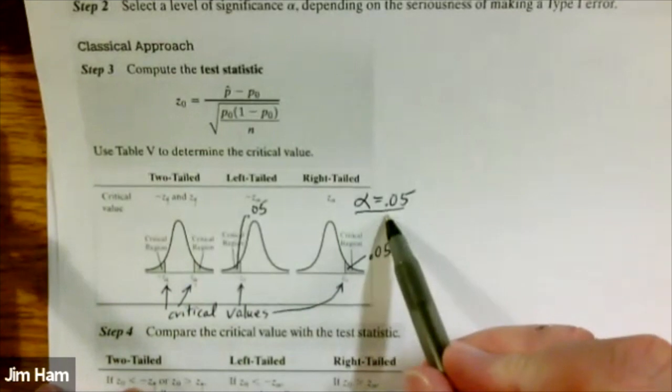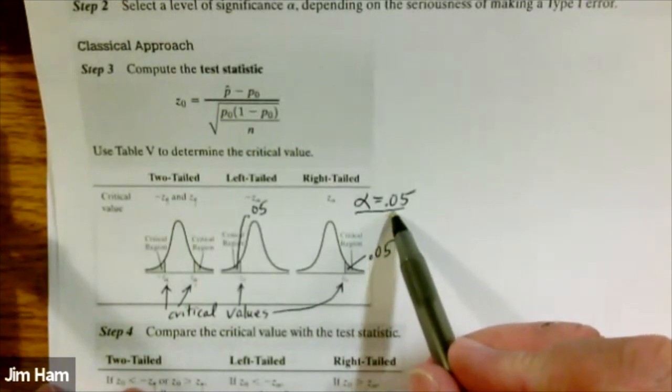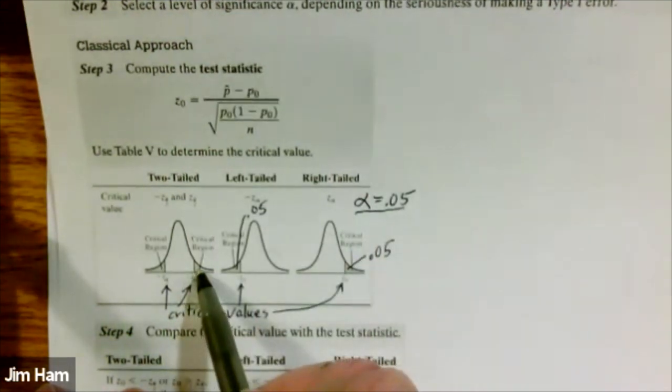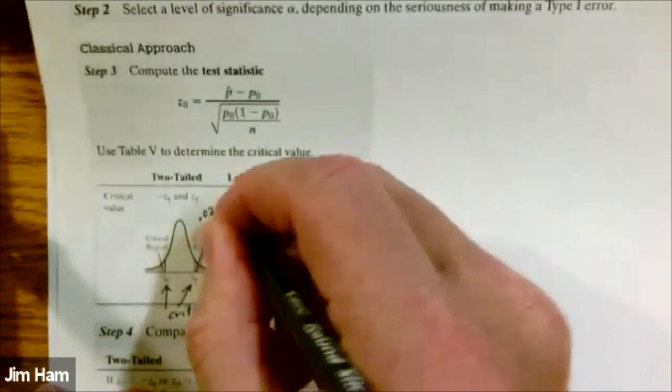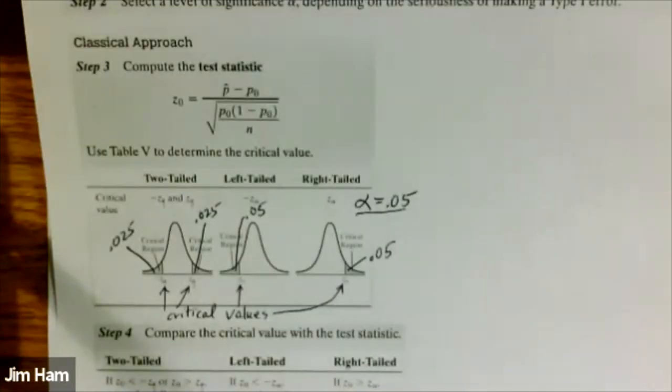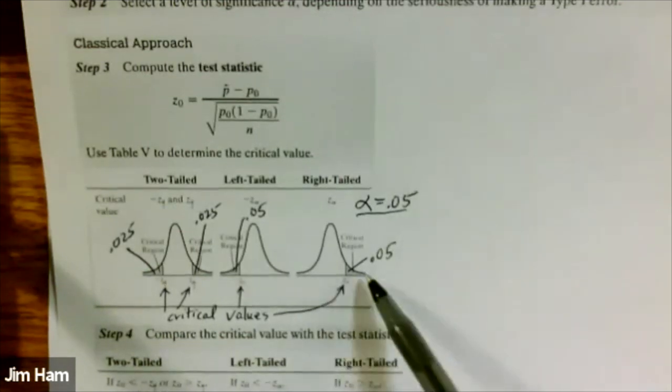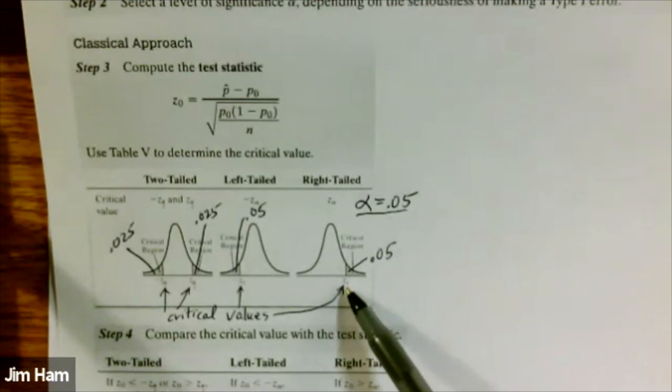If alpha is established to be 0.05 and you have a two-tailed test, then you want to split that 5%, that 0.05, and put half in one tail and half in the other tail. Alpha has to do with the most extreme 5% of the samples. In a one-tailed right test, the most extreme 5% of the samples would appear to the right.